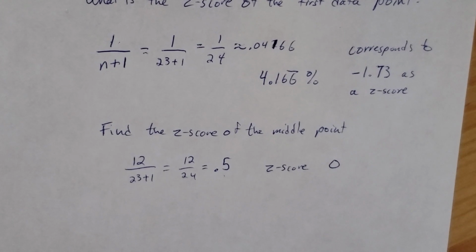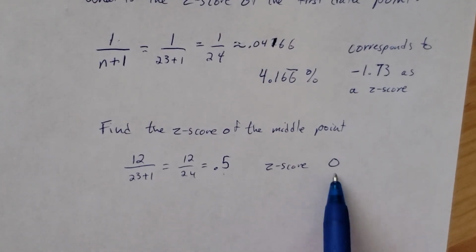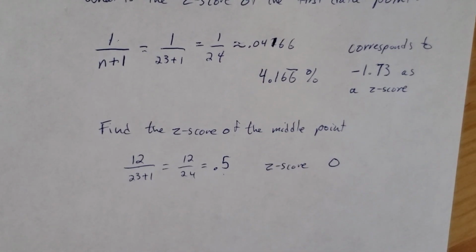Okay, so again, what would that mean? That means if we look at our data point that is the middle data point, and we calculate the z-score of that, and if that came out to be approximately 0, then we're looking good for this data following a normal distribution.